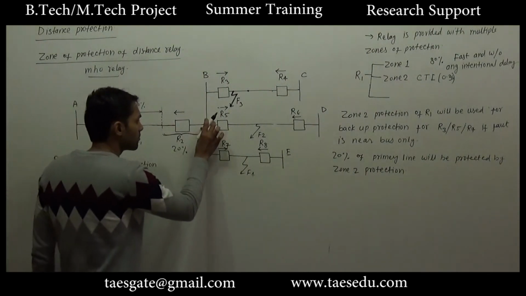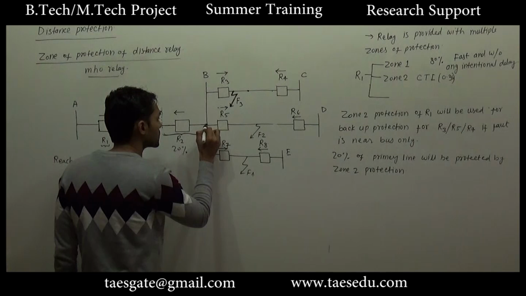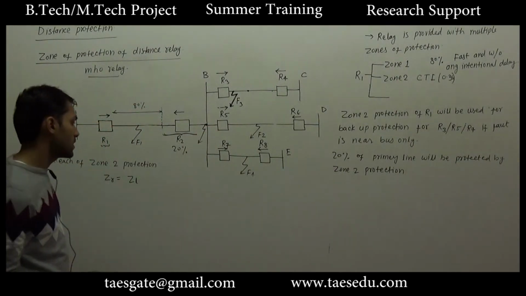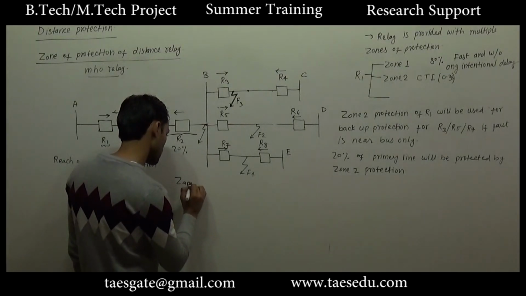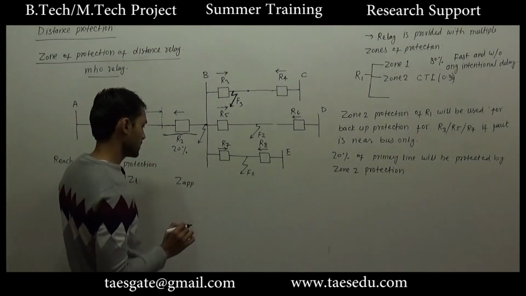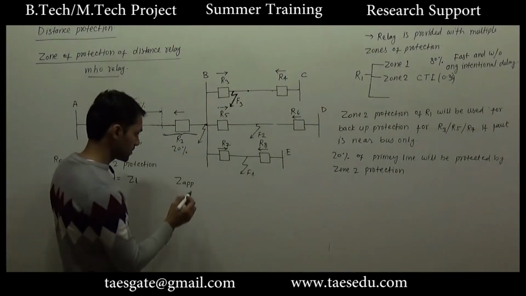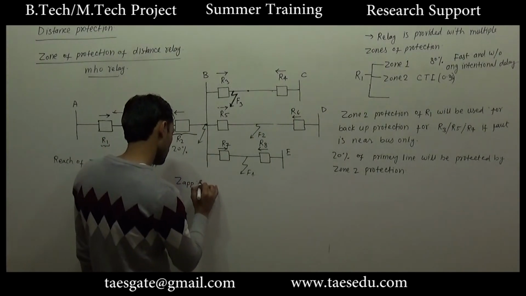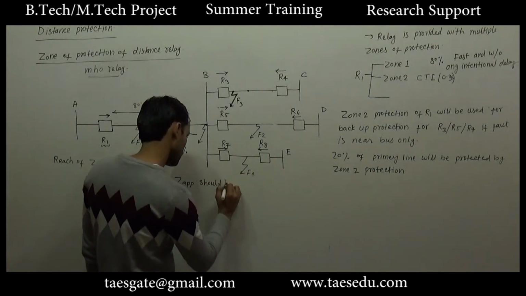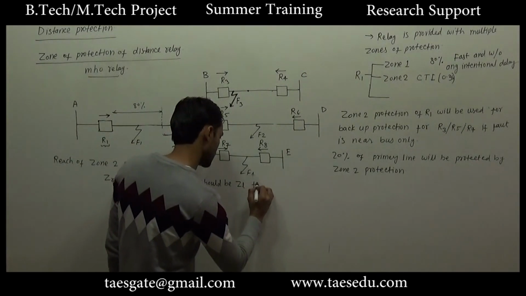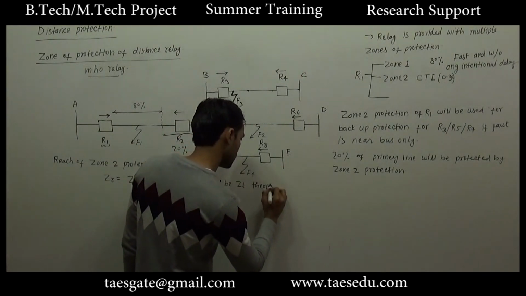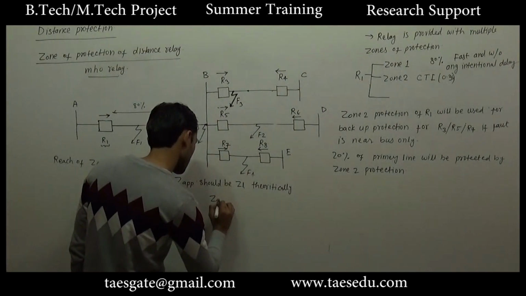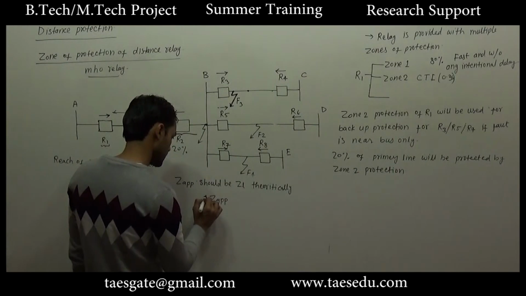Now let's say a fault has occurred near bus P at this point. Again, Z apparent will be measured by the apparatus. Theoretically, if the fault is at bus B, Z apparent should be Z line, but practically Z apparent has errors.